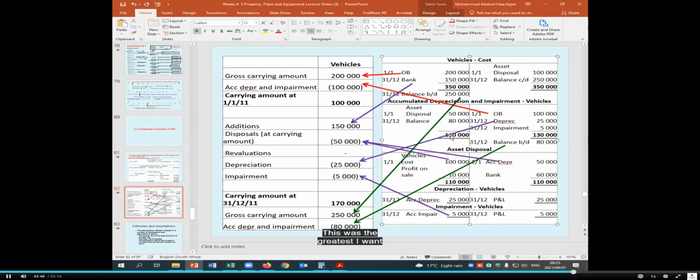And then we had what you call the closing balance. That's your accumulated depreciation. As I say, I don't want you to worry about the transactions here. I want you to see whether you can take it to the note.